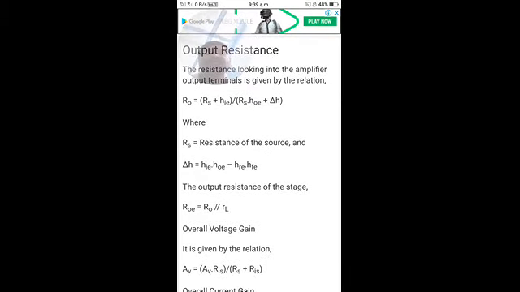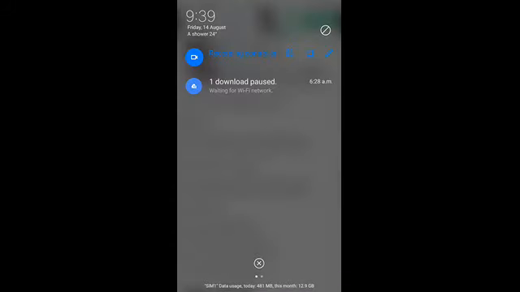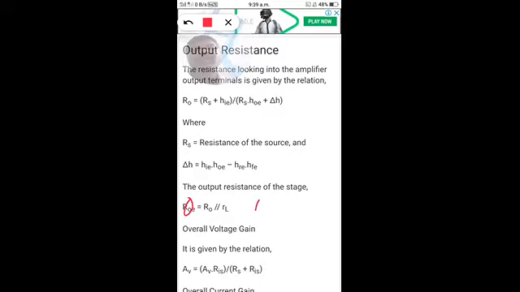The overall output resistance, we call it RO dash, is the parallel combination of RO and RL.